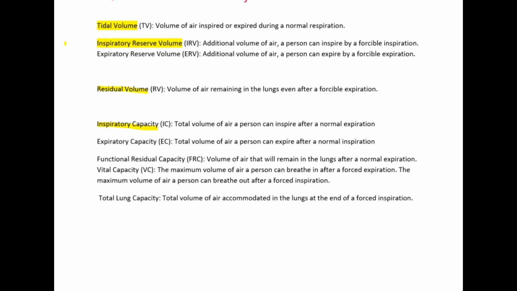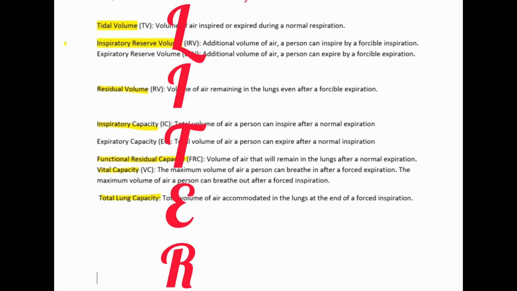For understanding this topic, it is important to visualize, and you have to do the process to understand each of the terms. So let's start with the mnemonic LITER. You remember the volumes by this, in the same order.